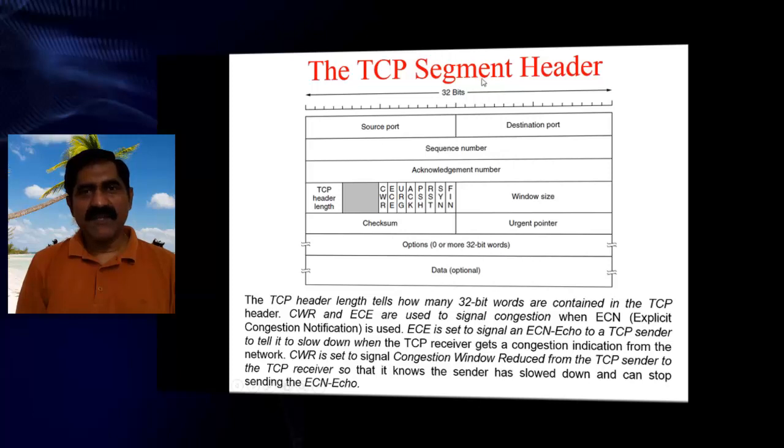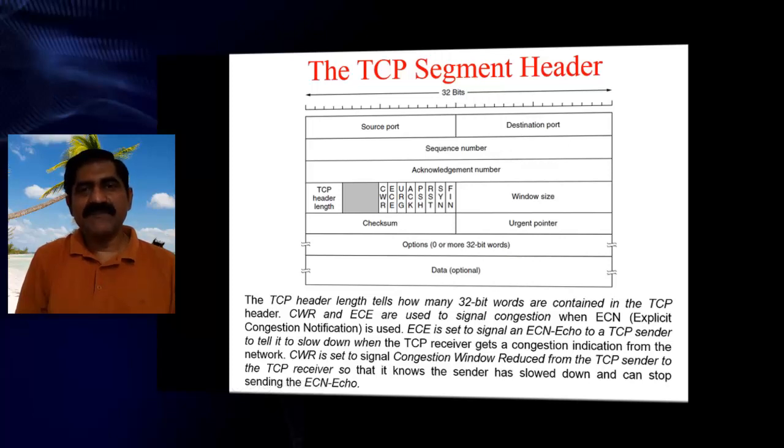Coming to the TCP segment header, we have already seen the UDP header. From the UDP header point of view, you have only 64 bits, because it is 32 bits plus 32 bits, making 64 bits the header size of UDP. Whereas in the TCP segment header, the fixed size is this row 32 bits, this row 32 bits, this row 32 bits, this row 32 bits, and this row also 32 bits. In total, 5 rows of 32 bits make 160 bits.